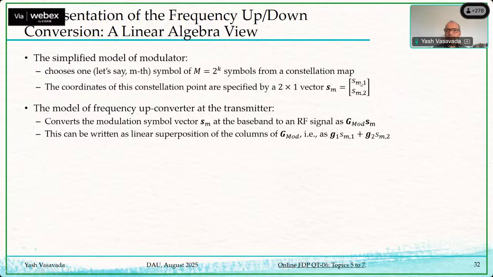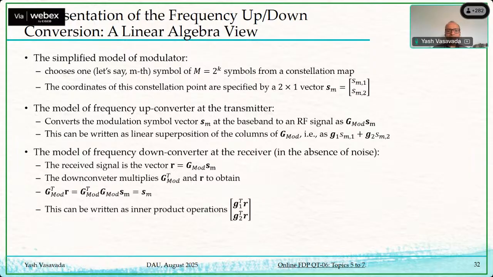The first element SM1 would be SI, the second element SM2 would be SQ, and passing it through some orthonormal matrix G. And the output of that matrix vector multiplication is actually equivalent to a radio frequency signal at some carrier frequency f of c hertz.